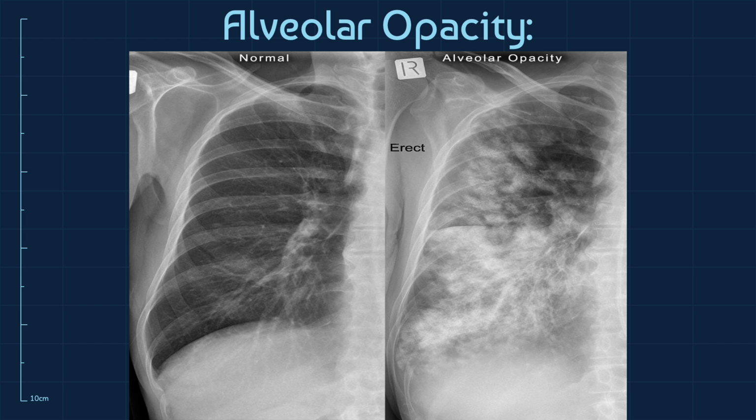And here we can see side by side, on the left side we have normal lung, and on the right side we have this sort of diffused alveolar opacity covering the majority of the middle and lower zones, as well as part of the lateral upper zones of the right lung.